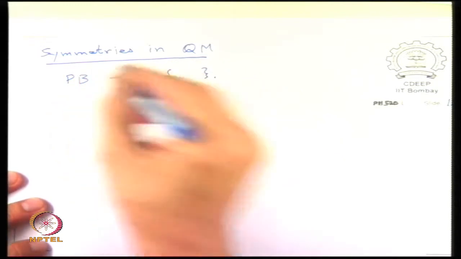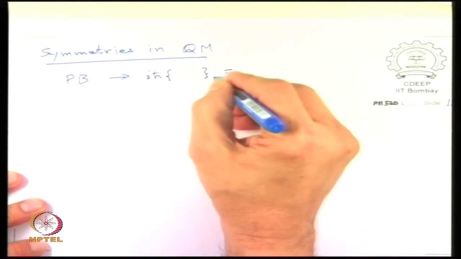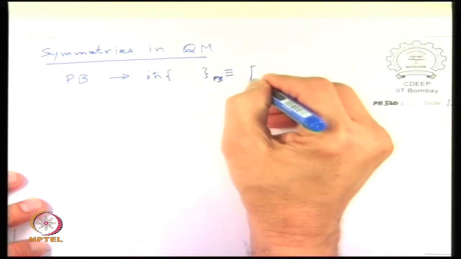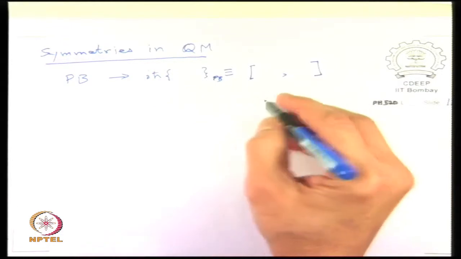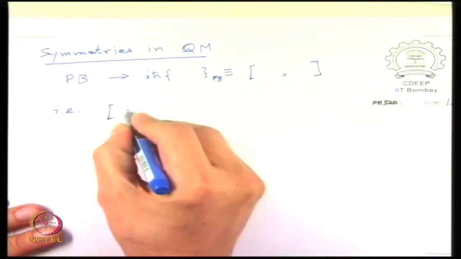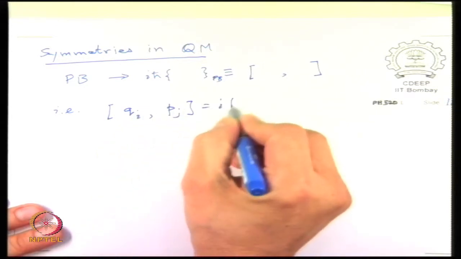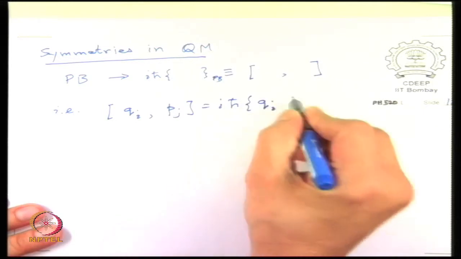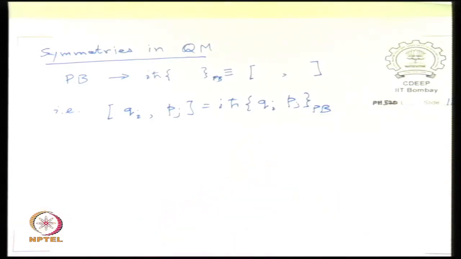So commutator goes to i h cross times this, and that becomes equal to the quantum commutator, i.e. the corresponding Poisson bracket. Okay.